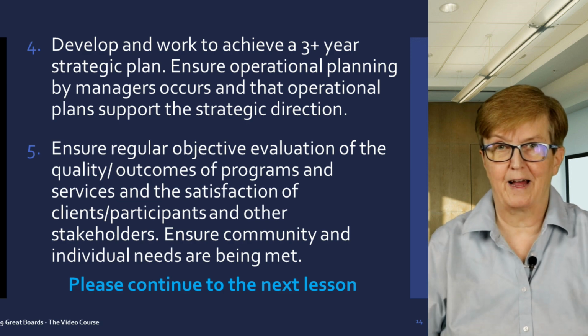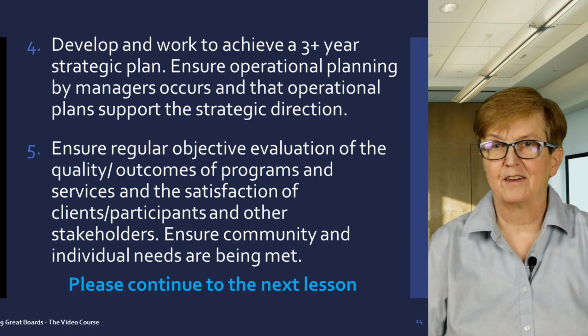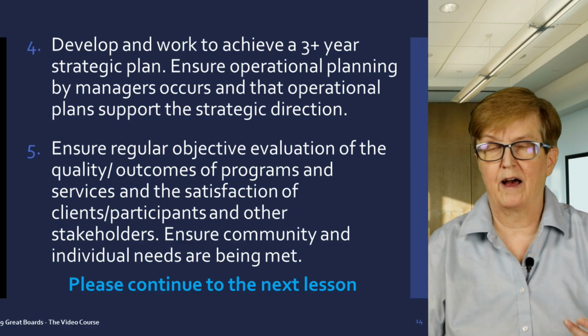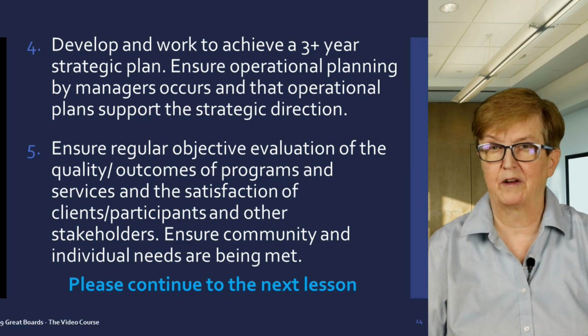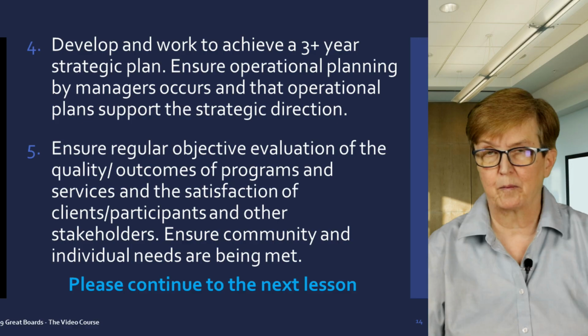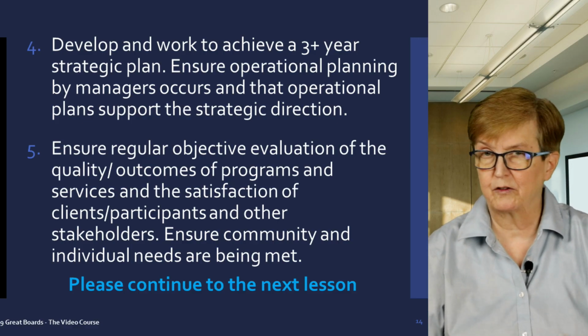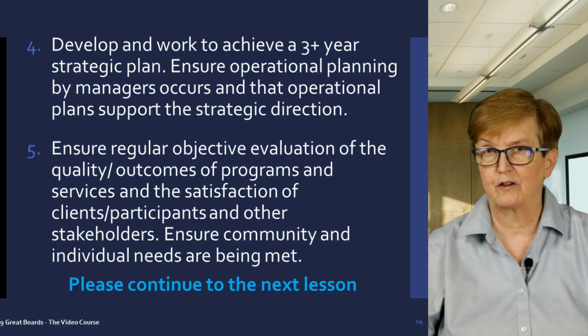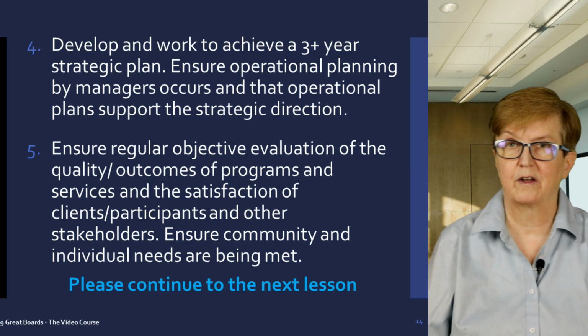So, the fifth and last thing on this particular lesson, with 5 more on the next lesson, is that we need to ensure that we have ongoing, objective, usually external program evaluation of the quality of the supports we provide, of the things we do for the people we serve, whoever they are. You could be a professional association, or a human services or social services organization.